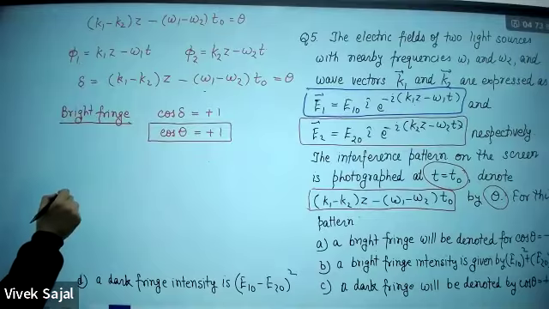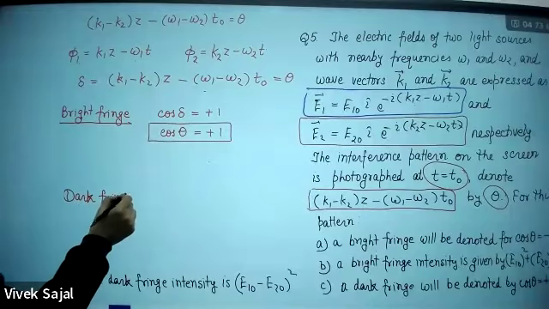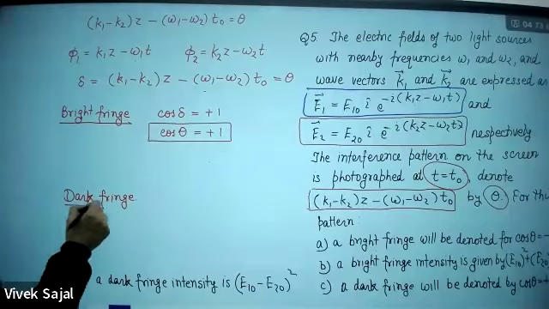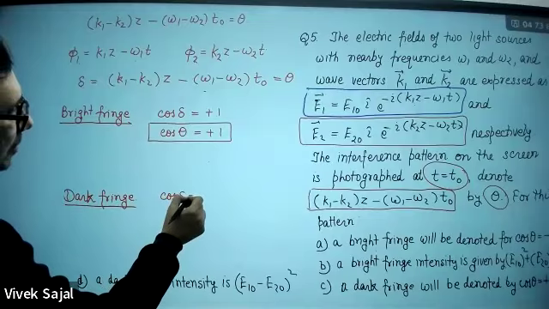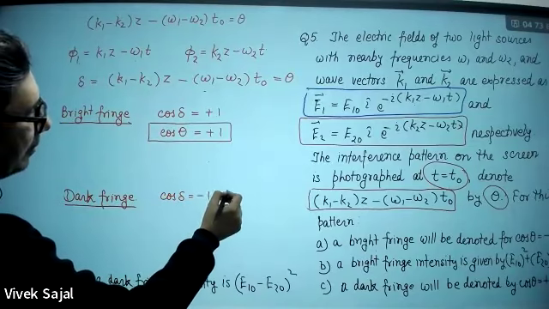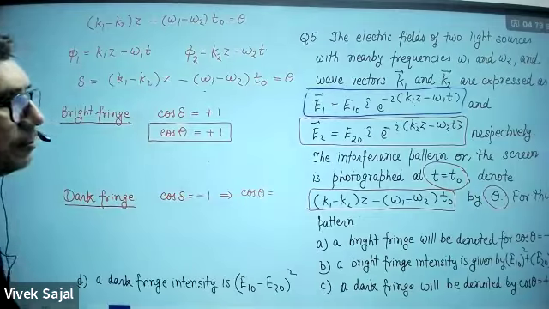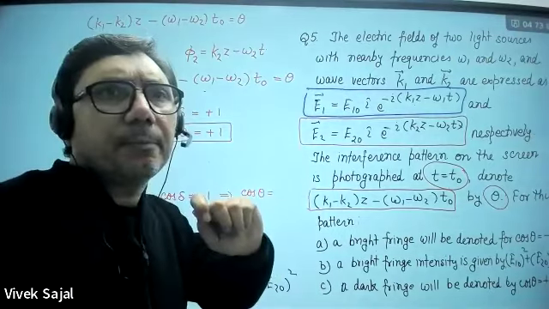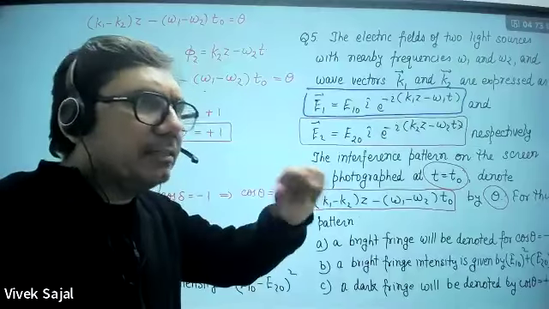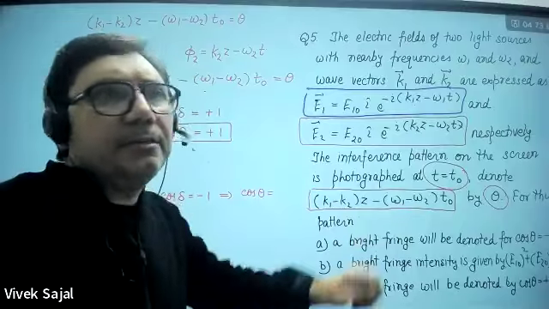If you look at the dark fringe, what is the condition for minima or dark fringe? Cos delta should be -1, so in our case this becomes cos theta. Try to understand: the frequencies are not the same, so the phase is continuously changing. So they have stopped the phase at time t naught.